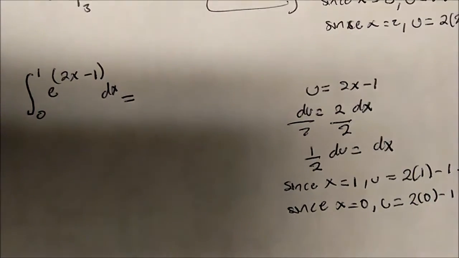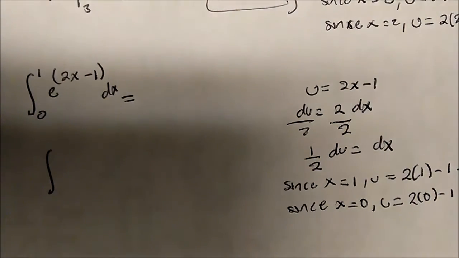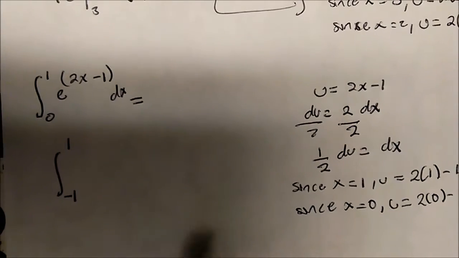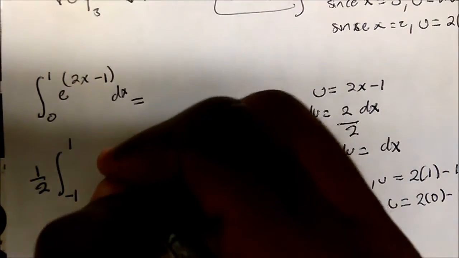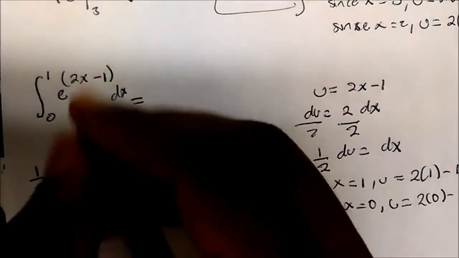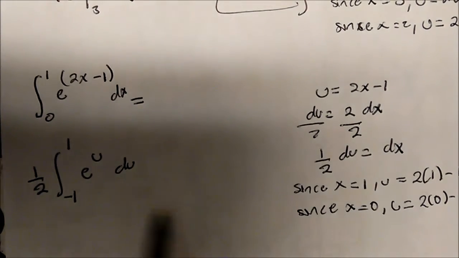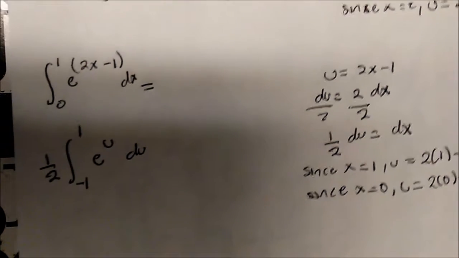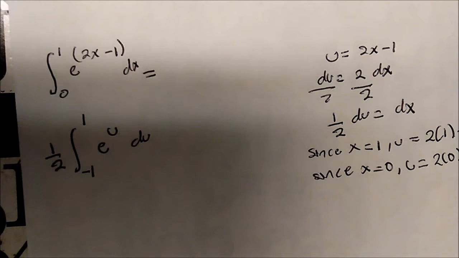So rewriting my function, this will be from negative 1 to 1. Notice we have 1/2 du, so 1/2 du will take care of our dx. And now we just have e to the u, because this was your u, we did nothing with e, so e has to be there. This will be your new substituted function that we can now take the integral of.